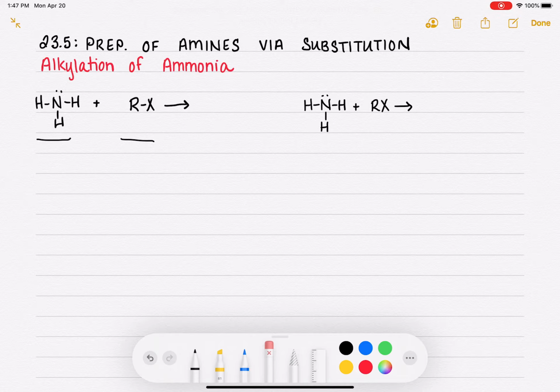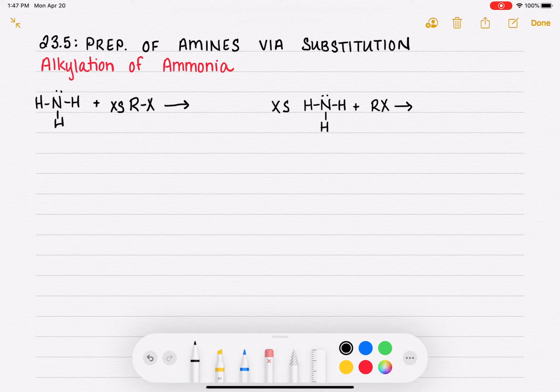So knowing that we have this situation, we have 2 options to kind of approach this alkylation reaction. One option is to run the reaction with excess alkyl halide. The other option is to run the reaction with excess ammonia. Those are our 2 choices.